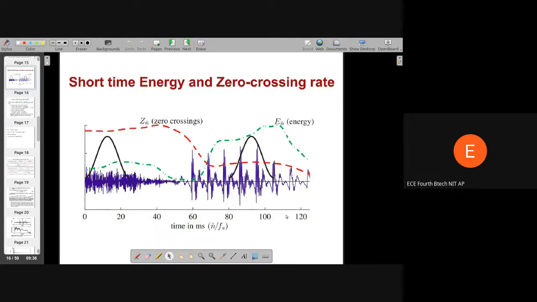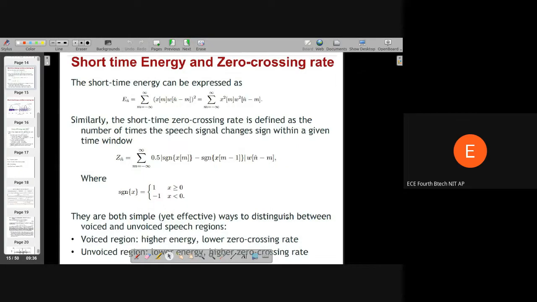the voiced regions. What is zero crossing rate? We went through that. We gave an example of a sine wave. The number of zero crossings gives an idea about the frequency of the signal. So we used that concept and applied it here in speech processing.